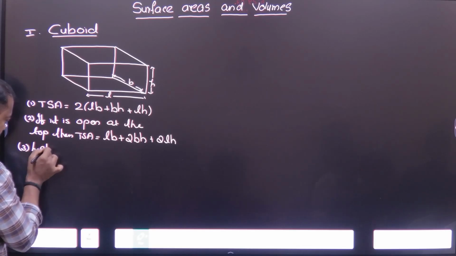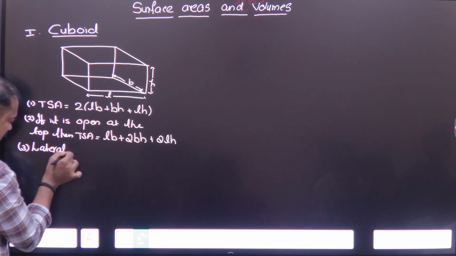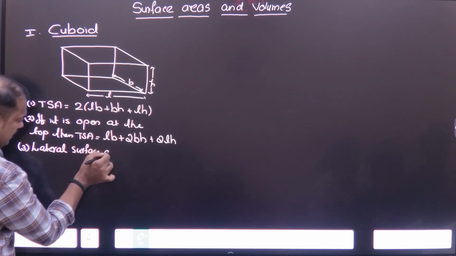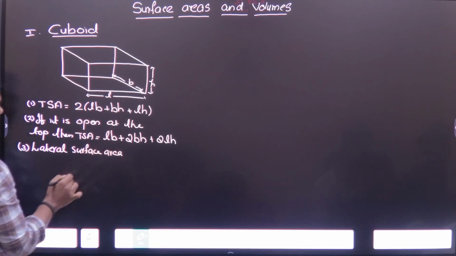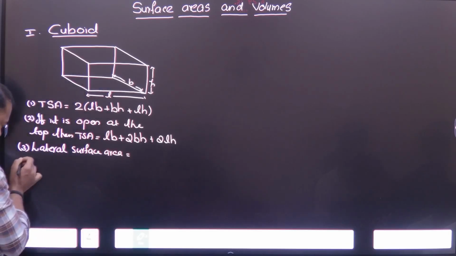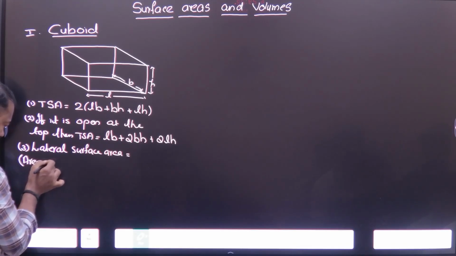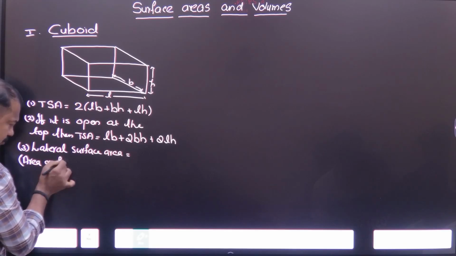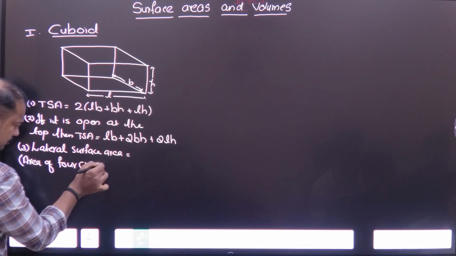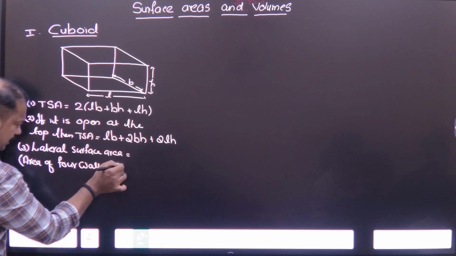Lateral surface area is equal to, that we can also write in bracket in the form of area of four walls of a room.